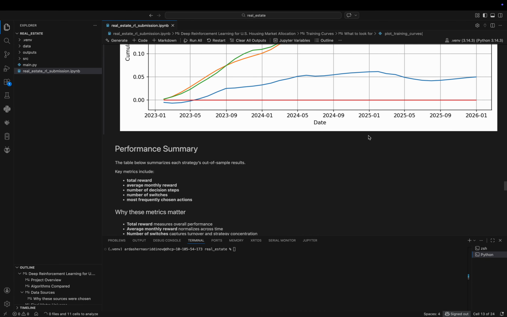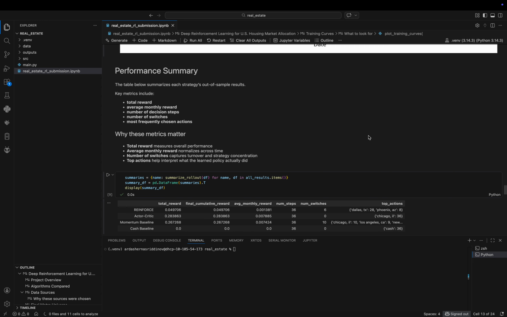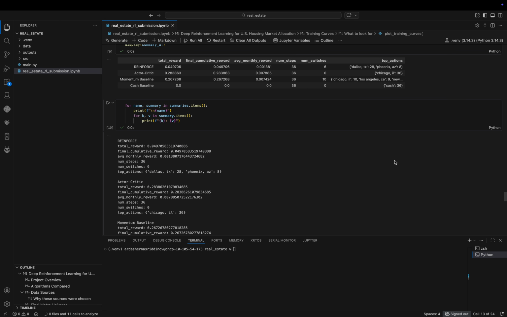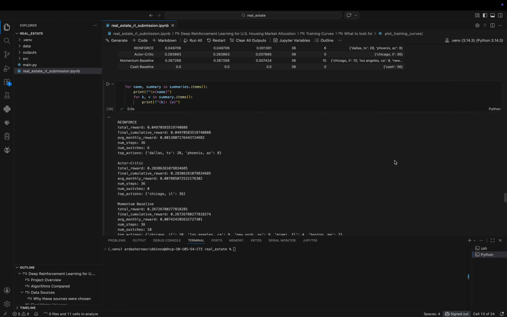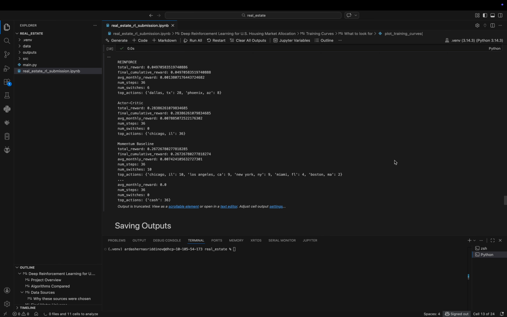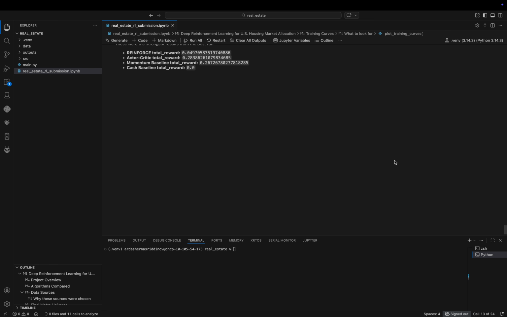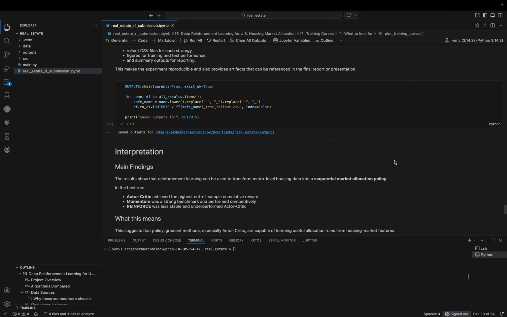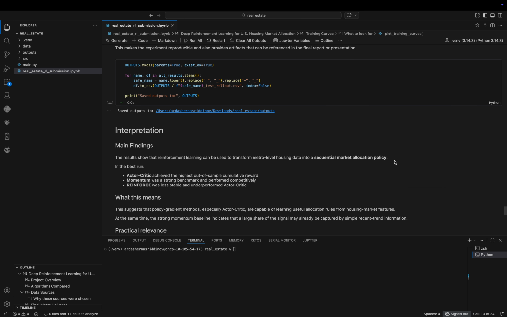In conclusion, this project shows that reinforcement learning can turn housing market data into a sequential market allocation problem, and it's more than a prediction model like the ones that are currently available, and there's certainly some potential there.